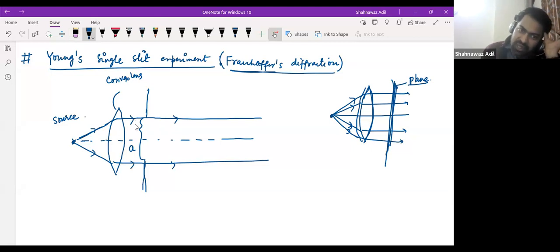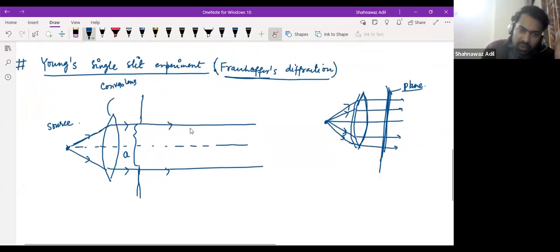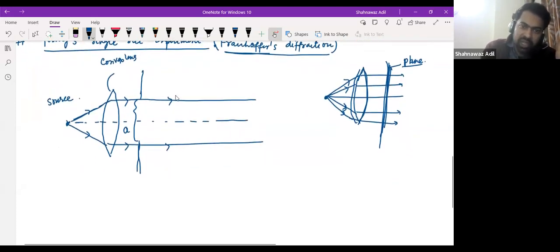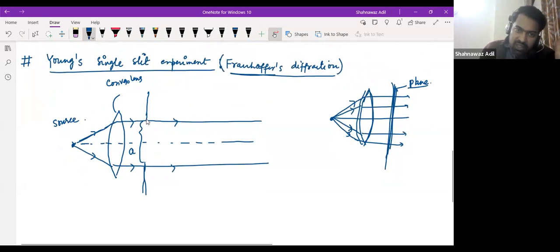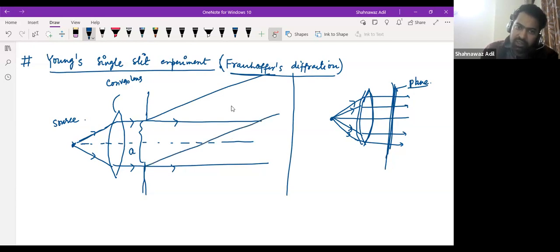Now you see that these are plane wavefronts passing through this slit. Firstly they go parallel, and they will superimpose at some point. Let's say you have this screen; they would superimpose here. But these rays are going parallel.